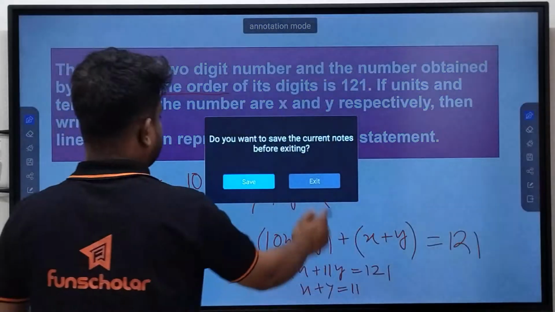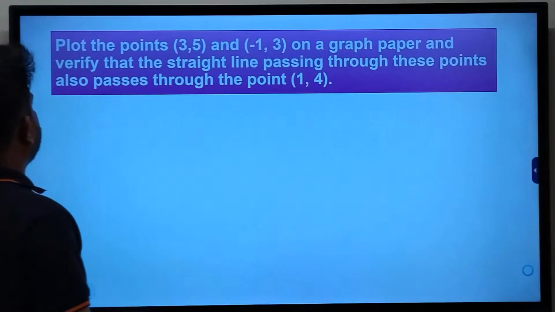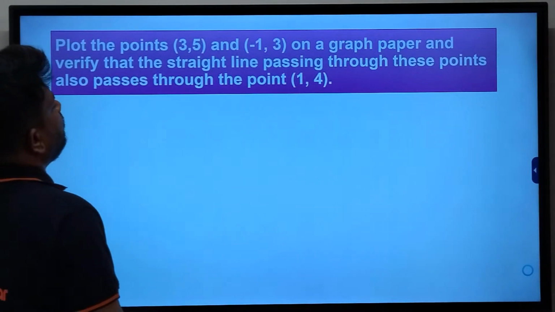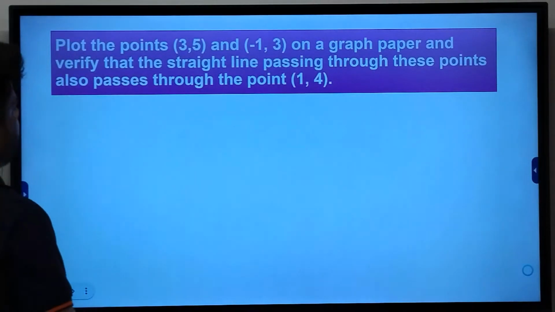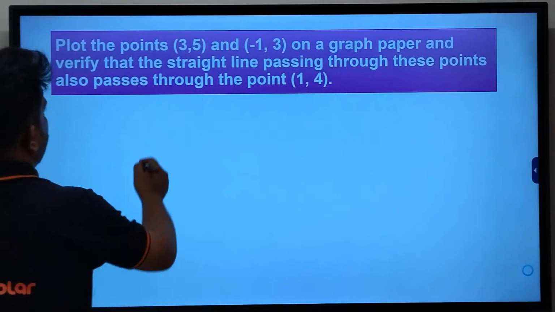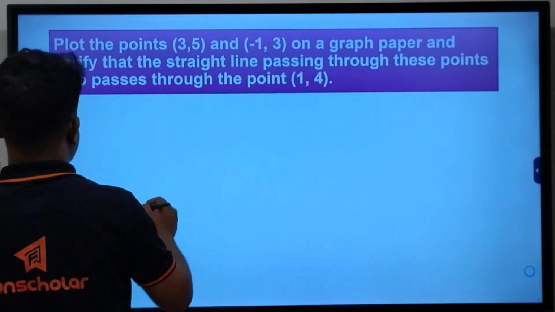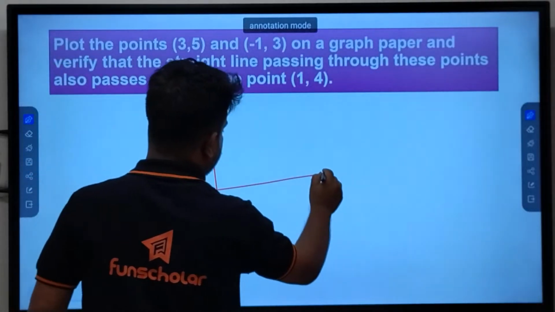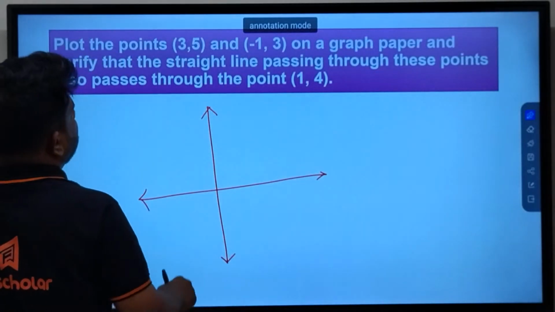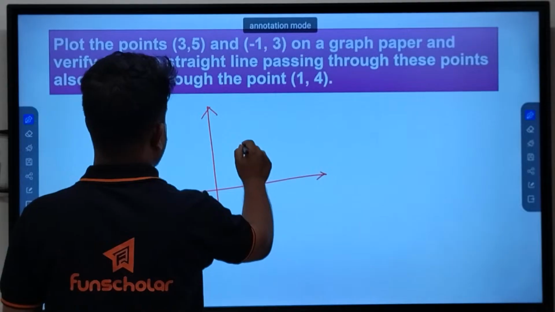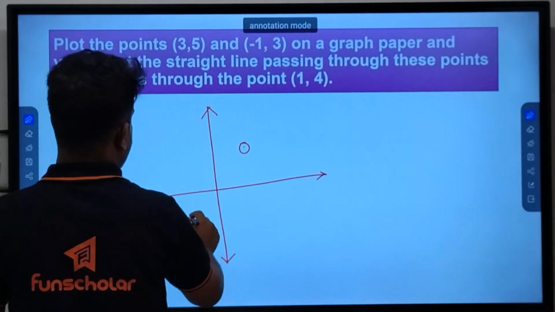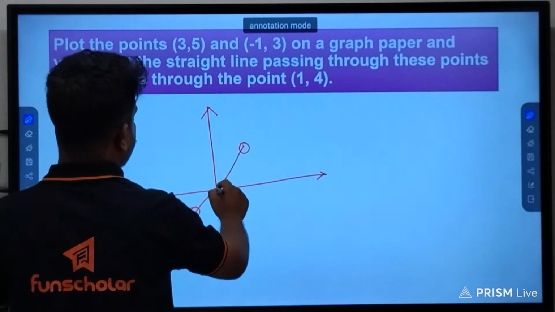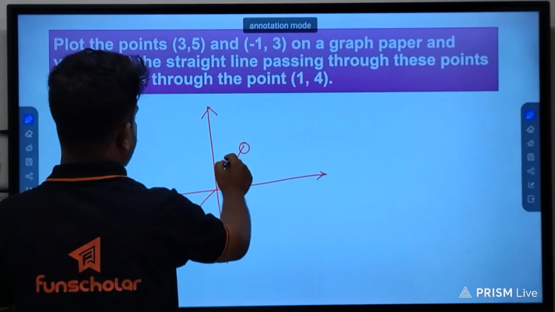Okay, let's go next. Plot the points on a graph paper and verify that the straight line passing through these points also passes through the point (1, 4). Okay, first try to plot them. The point (3, 5) will be here, and the point (-1, 3) will be here, and the point (1, 4) will be here.